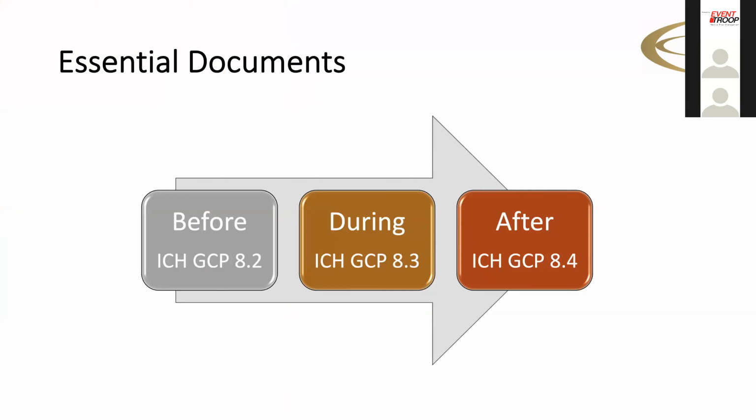That comes under Section 8.2. It then lists the documents during the study. So when the clinical study is up and running, what documents are required to be maintained? And then finally, after the study has been completed, what documents remain after the study has been completed? So this is what these 3 subsections will tell us in GCP in Section 8.